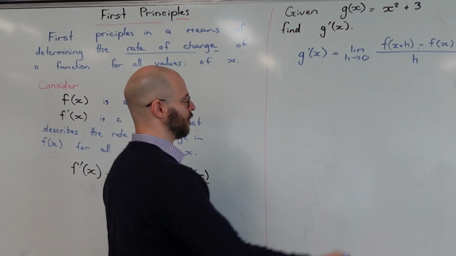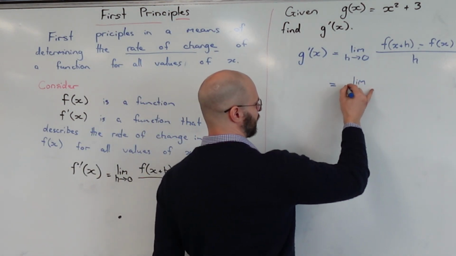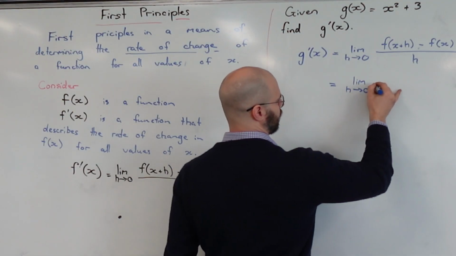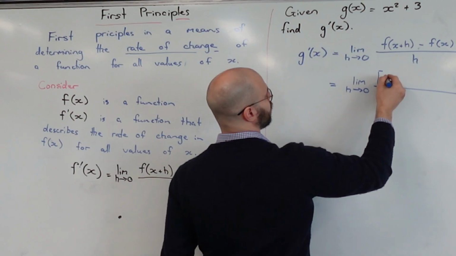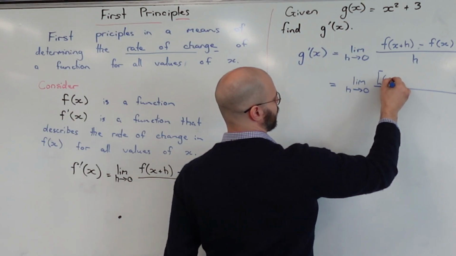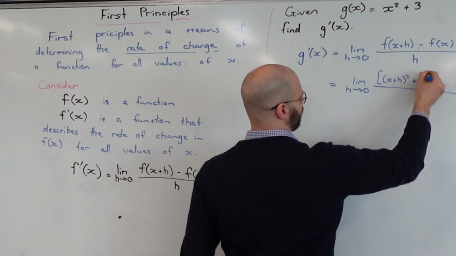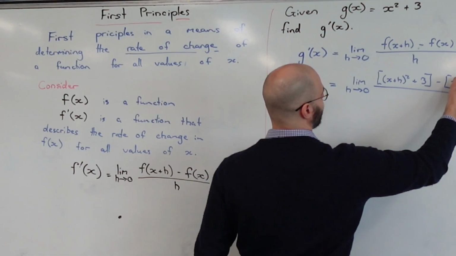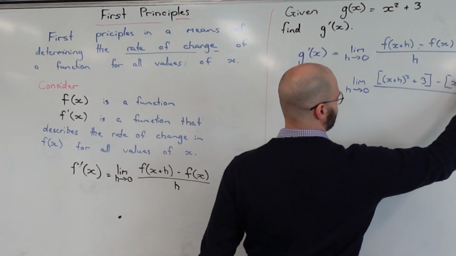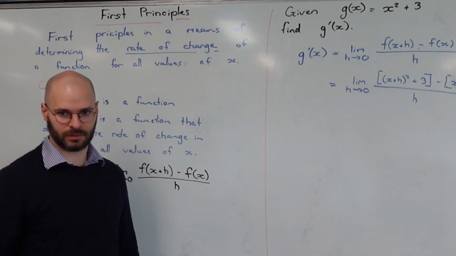Next step, sub in the values. Every time you see x, change it to, in brackets, x plus h. Up here, the first one's x, so it becomes (x plus h) squared plus 3, take x squared plus 3, all over h. Seem cool so far?